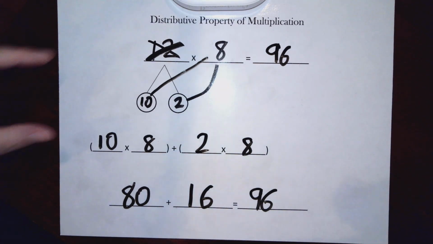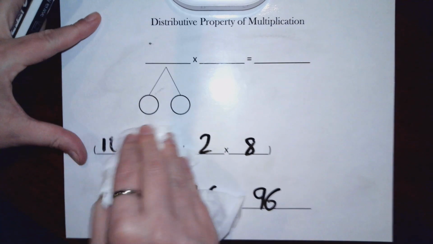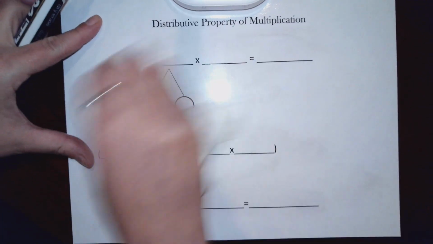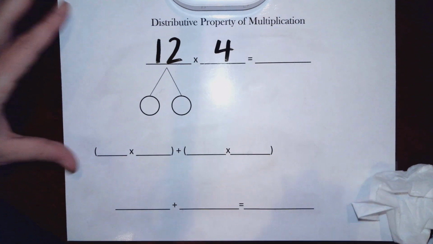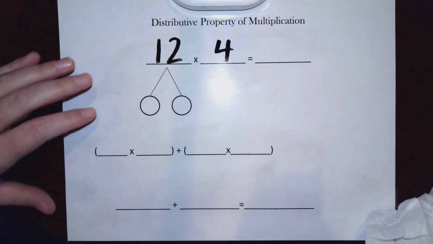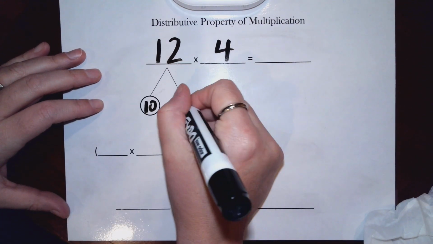Okay. Let's do another one. Let's do 12 times 4. What did we say we were going to break the 12 into? We're going to break the 12 into 10 and 2.